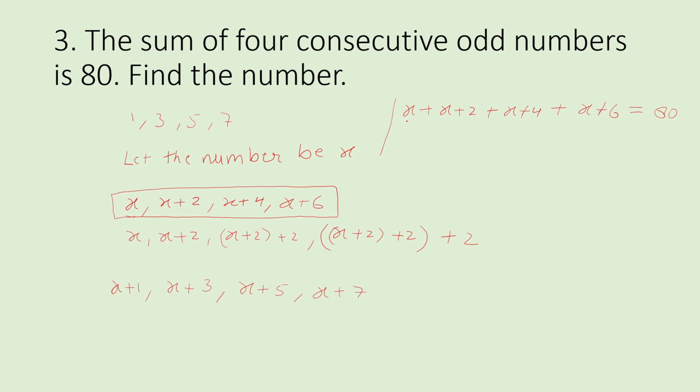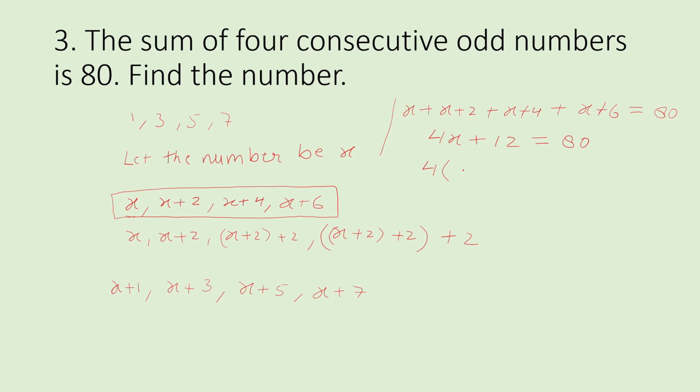Then add the x's: 1x, 2x, 3x, 4x. That is 4x. 6 plus 4, 10, plus 2, 12. 4x plus 12 is equal to 80, right?